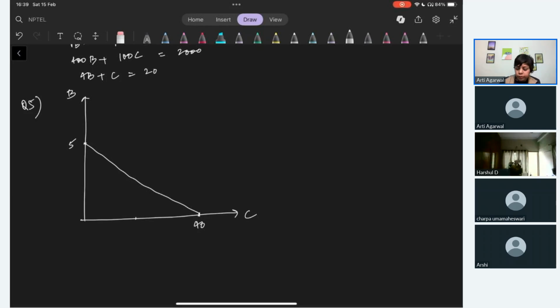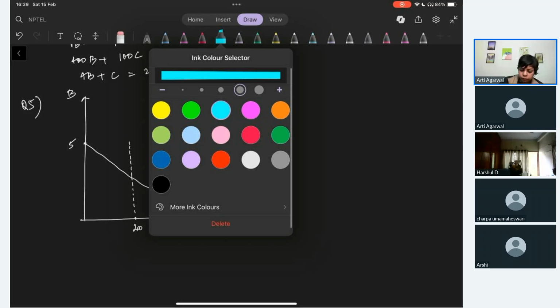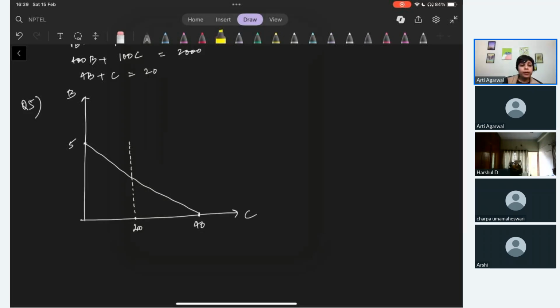So this is the point where C is equal to 20. And let's draw a line here. And this whole part where C is greater than 20 is not going to be a part of the consumption set or the budget set anymore.